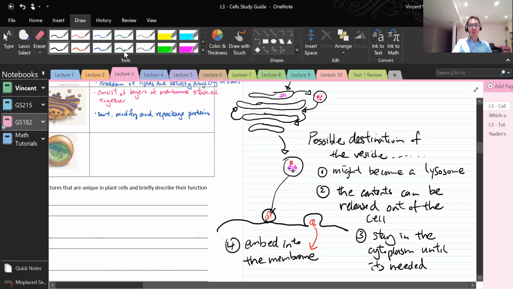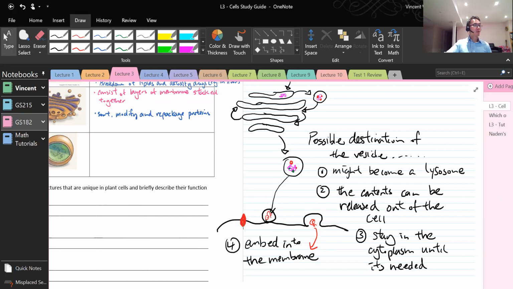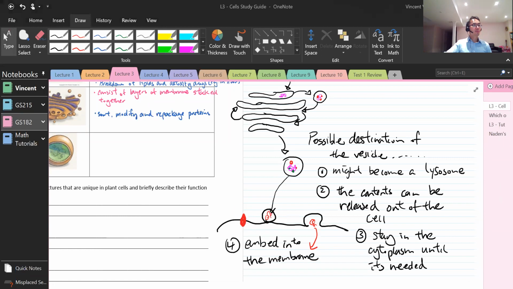Some of the proteins are actually going to stay on the membrane and perform various functions that we will talk about later. All right, so these are the possible destinations for our vesicle, for the proteins.